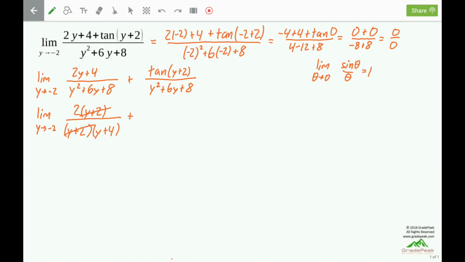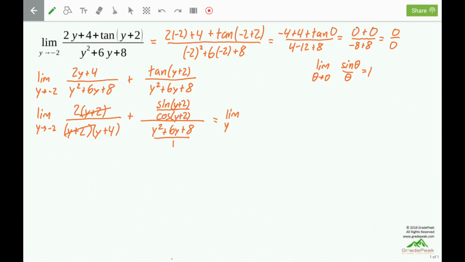Now, for this other fraction, the tangent can be written as sine over cosine, so we're going to do that. By doing so, we've just created a fraction in the numerator, so we're going to need to reciprocate the denominator fraction and multiply it with the numerator fraction. Well, the denominator is not a fraction, but it will be if we put it over 1, so let's go ahead and do that.